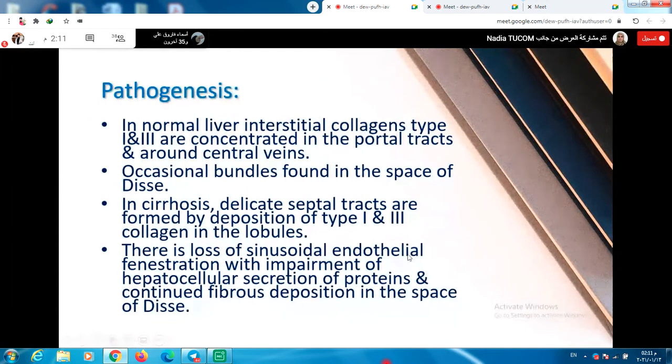The fenestrations, or openings between endothelial cells, will be impaired, so there will be impaired blood flow through the hepatic sinusoids, and also impaired biliary secretion.